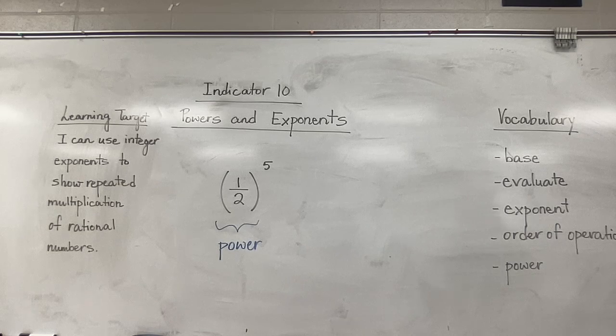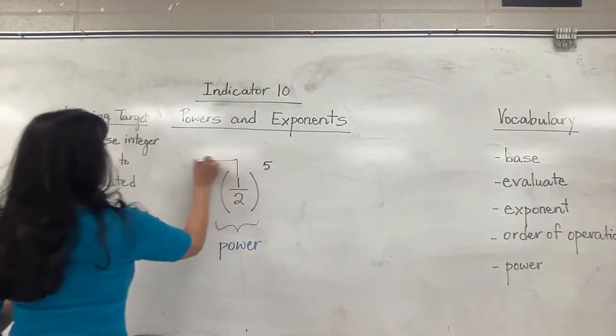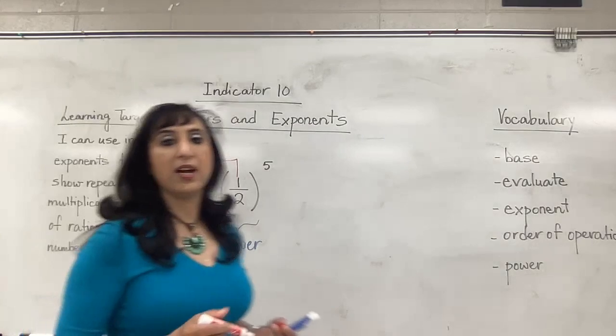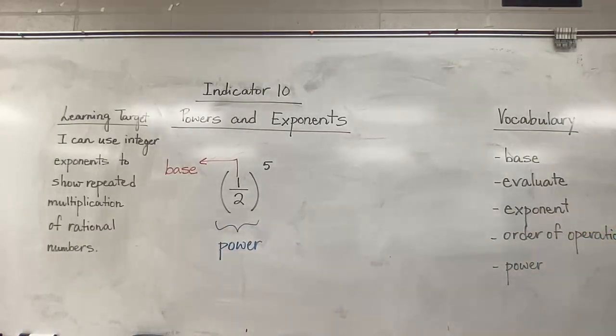Okay, the base of a power is the repeated factor. So this 1/2, this is called the base, because this is the factor that is being repeated. And then we have the exponent of a power.